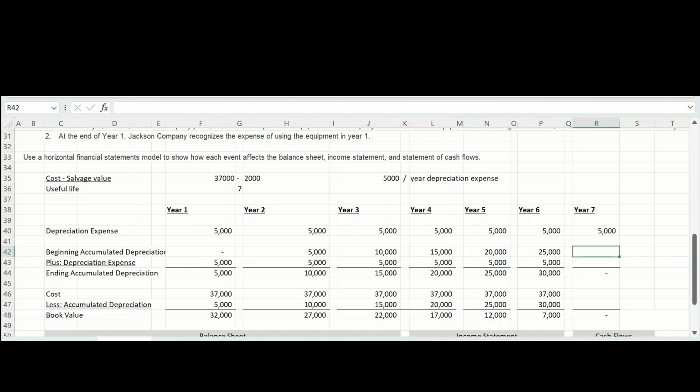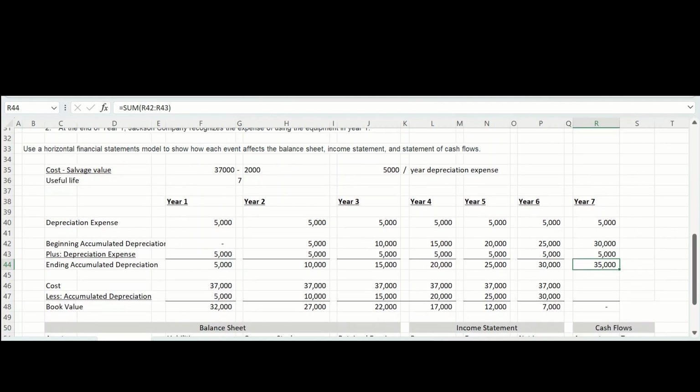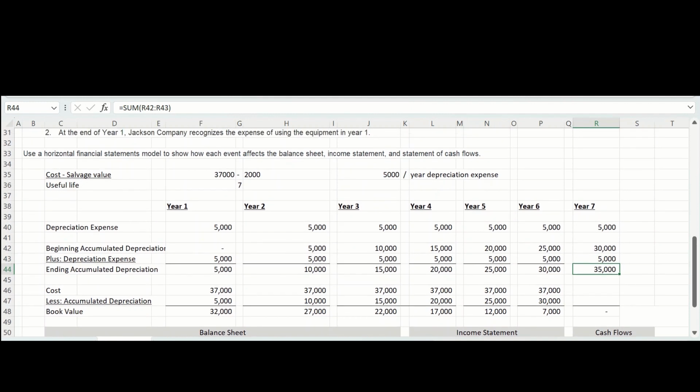Now, the final year, year 7, we're starting with accumulated depreciation of $30,000. We have $5,000 of depreciation expense, which gives us $35,000 of accumulated depreciation at the end of the year, which, as we said a second ago, is our depreciable base. That is all we can depreciate of this asset.